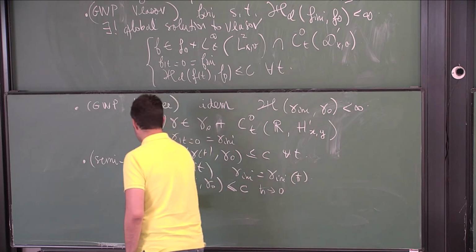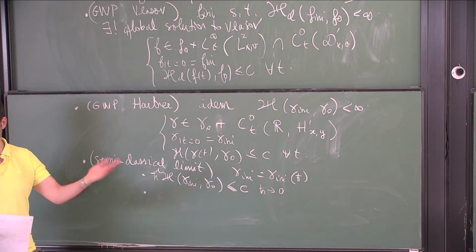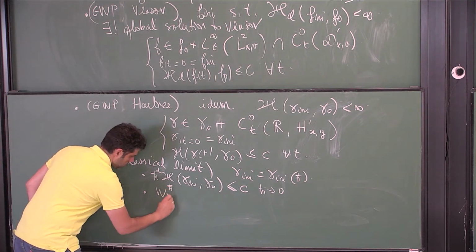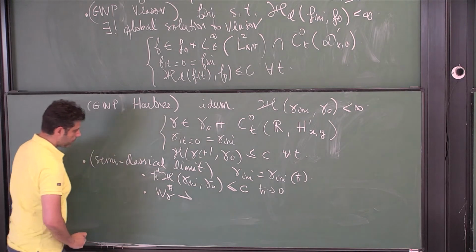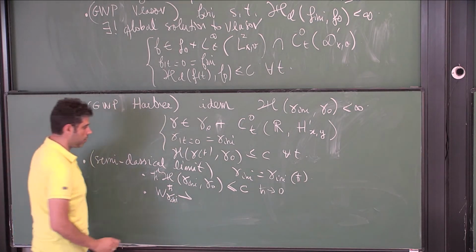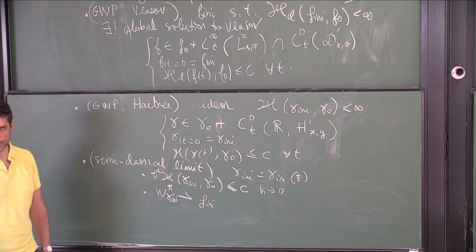I will also assume that the Wigner transform of gamma has a weak limit. So I'm assuming that the Wigner transform of my initial gamma has a limit, which I call f, the initial f.